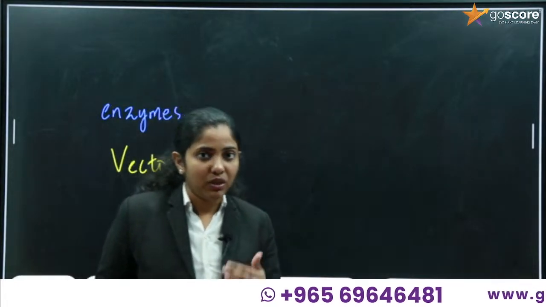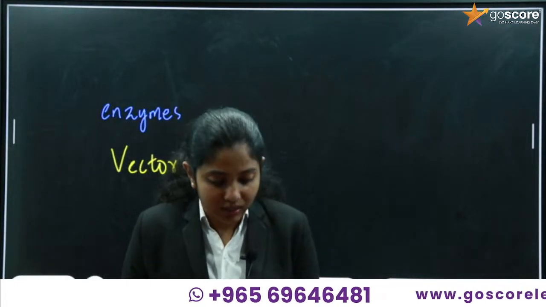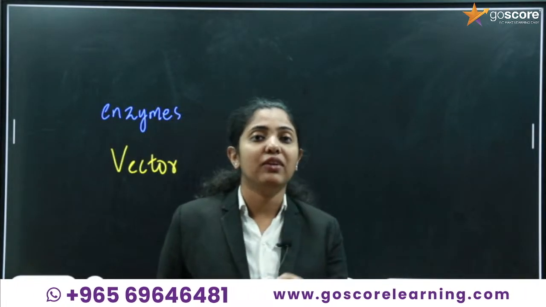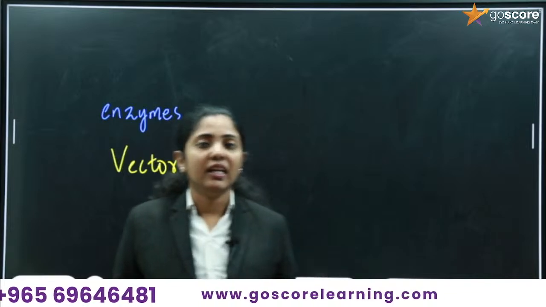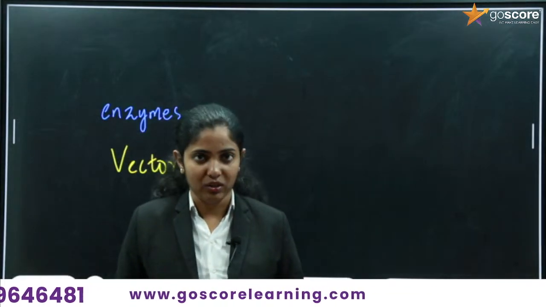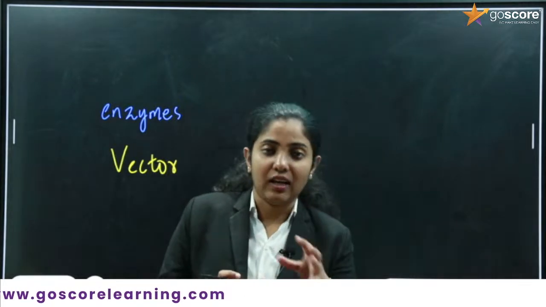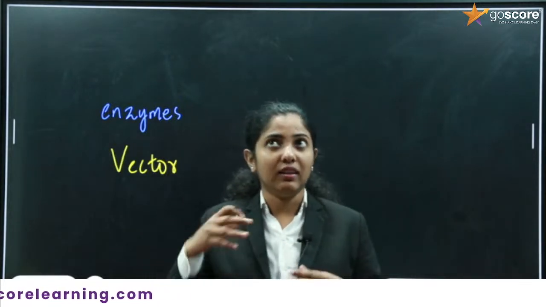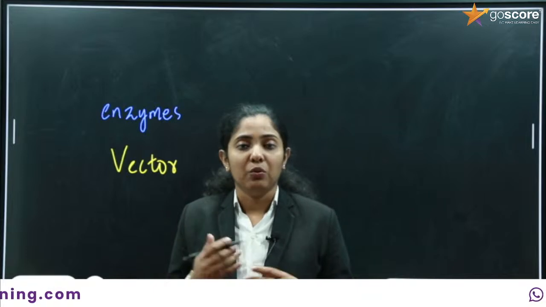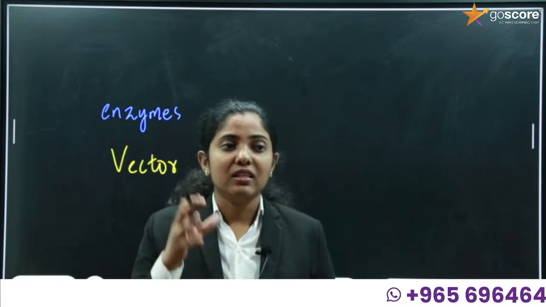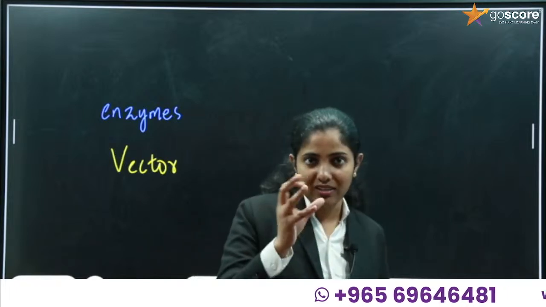Today, my dears, we will be discussing the processes of recombinant DNA technology. What are the different processes involved in recombinant DNA technology? That is the first step. Once again, we can think of what the tools are which have to be used for recombinant DNA technology. It is of course the restriction enzyme.